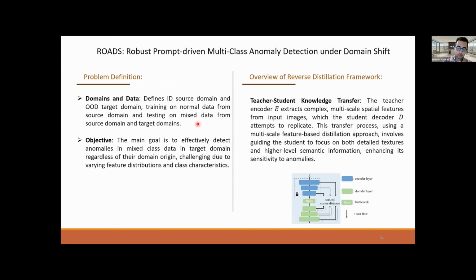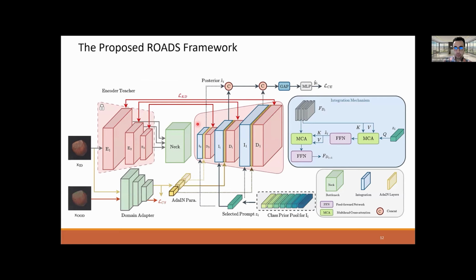But how do we do that? This is the proposed architecture of my network that tries to address the two issues that I explained at the same time.